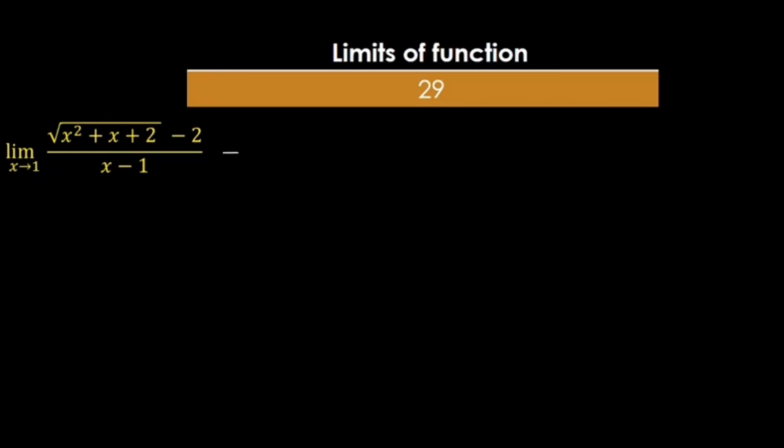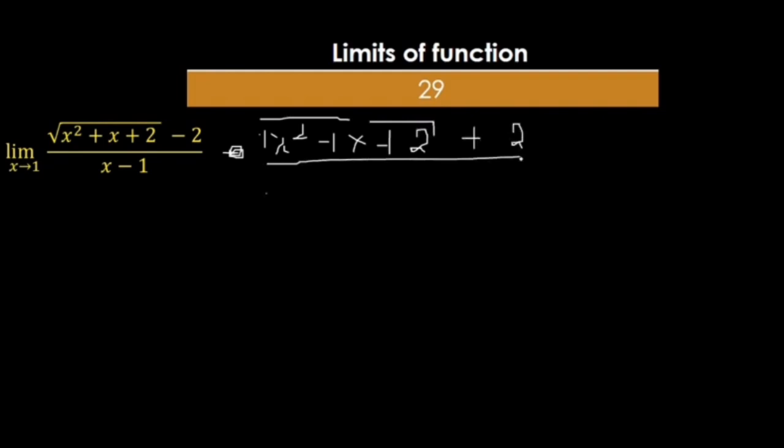I multiply by square root of x squared plus x plus 2 plus 2, over square root of x squared plus x plus 2 plus 2. Okay, we proceed with this one.